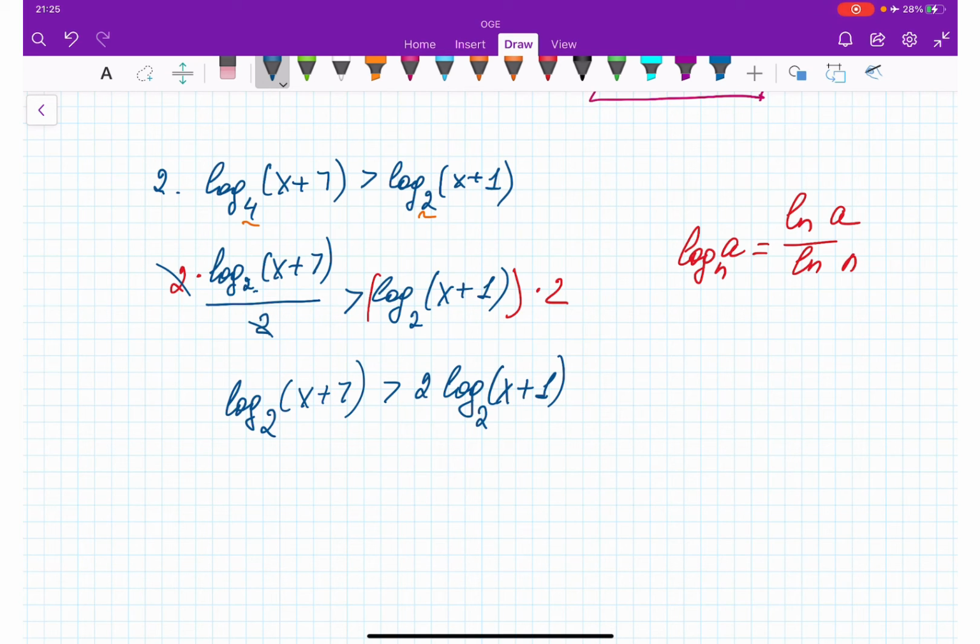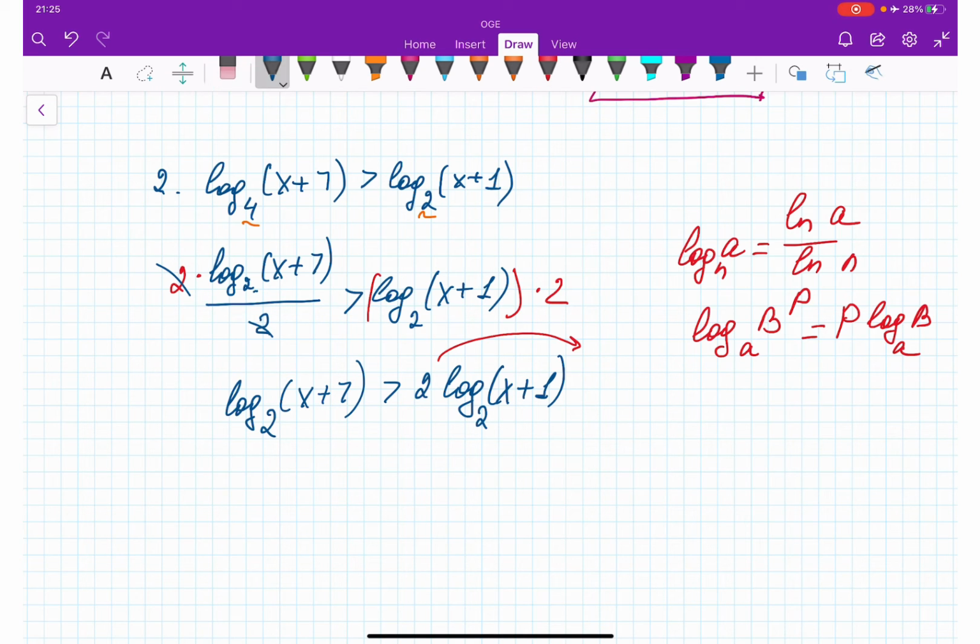So from here, based on properties of log, logarithm of b by base a to power p is equal to p times logarithm of b by base a. Which means this 2 can come here as an exponent.